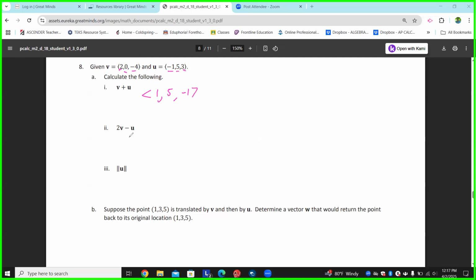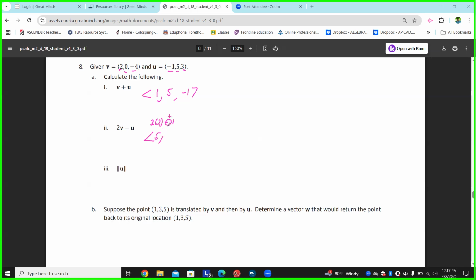2V minus U, what do you think you have to do first? Multiply by 2 first, and then subtract. Order of operations, PEMDAS, right? You got to multiply before you add and subtract. So 2 times 2 is 4, minus -1 would be 5. So this would be 2 times 2 minus a -1. So that would make it a positive.